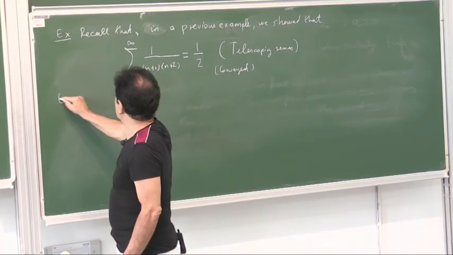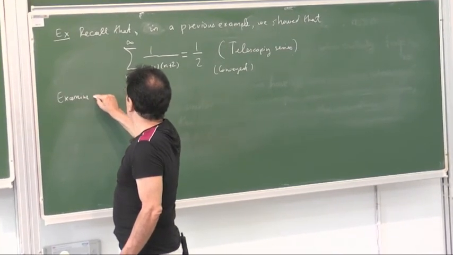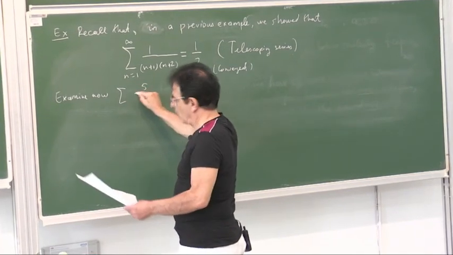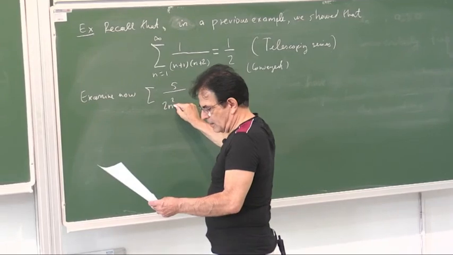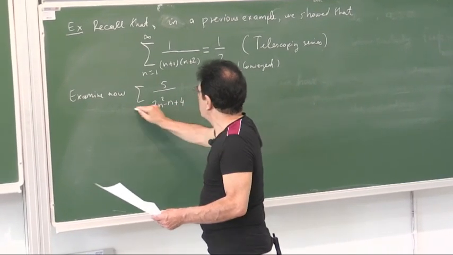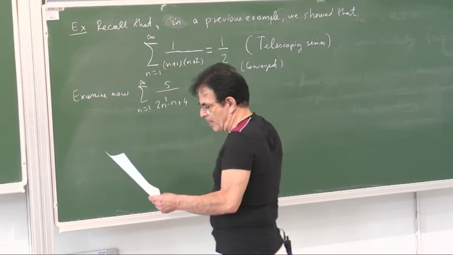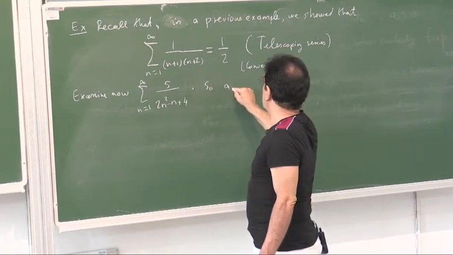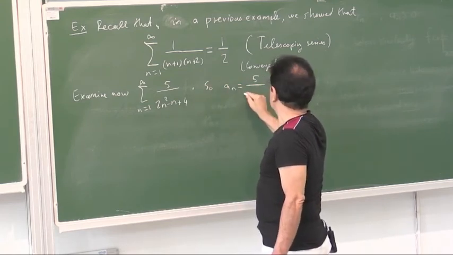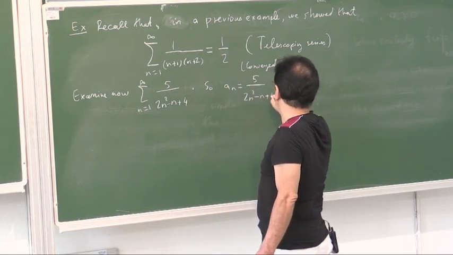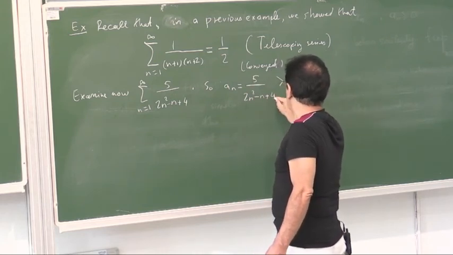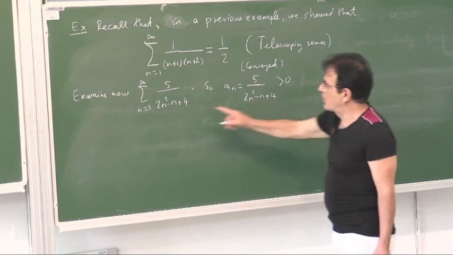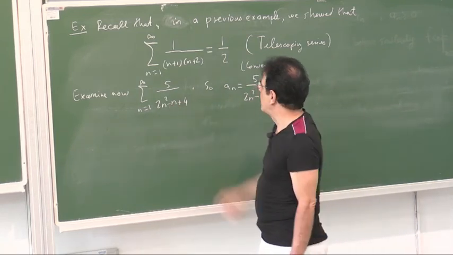Let us examine now this series, 5 over 2n squared minus n plus 4, from 1 to infinity. Please be careful. We choose an as 5 over 2n squared minus n plus 4, which is positive when n is 1, with no problem from the negative sign.